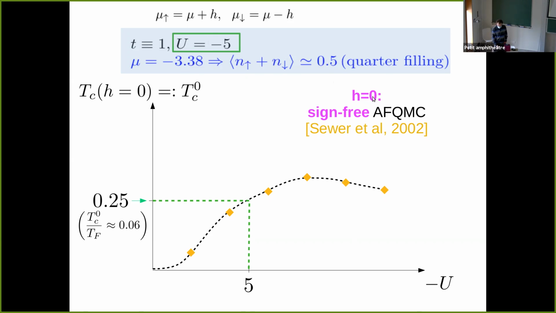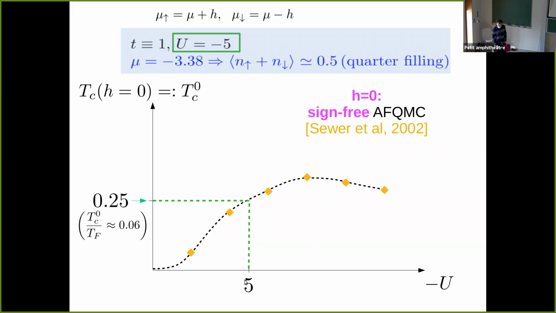And when the Zeeman field is 0, that's one of the special cases where QMC approaches are sign-free. So there is, for example, this data for the critical temperature in the literature. At 0 Zeeman field, I will call it TC0, as a function of the interaction strength.